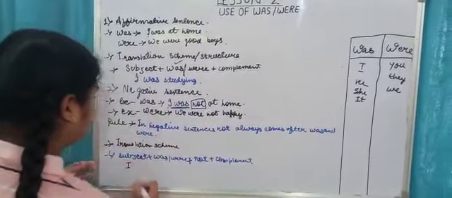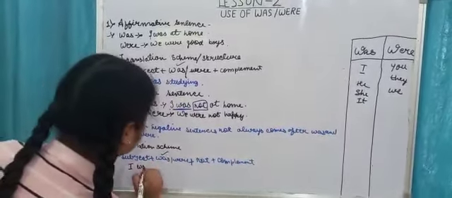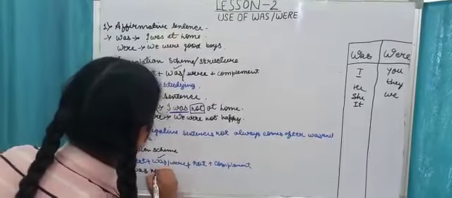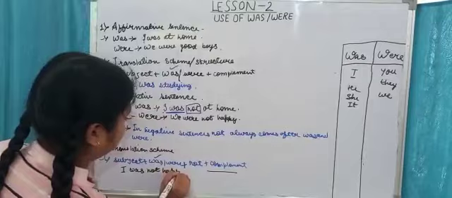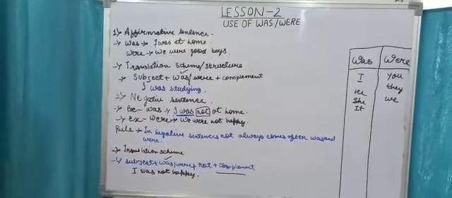For example, I was not happy. So it is our negative sentence structure.